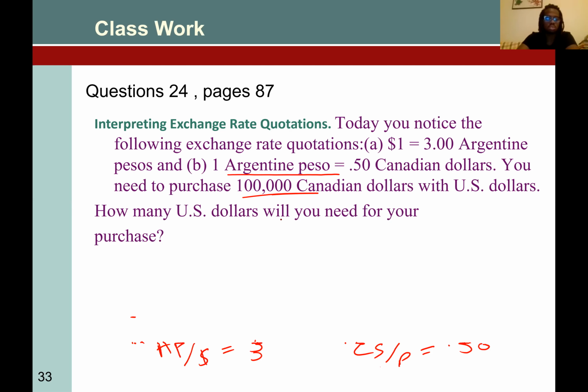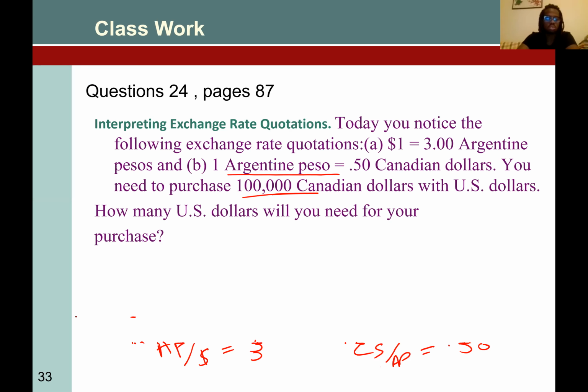So we have Canadian dollar, we have dollar, and we have pesos. It means all you need to do is find out how many dollars you can buy from 100,000 Canadian dollars. All you need to do is find out the cross exchange rate of Canadian dollar and dollar, right?